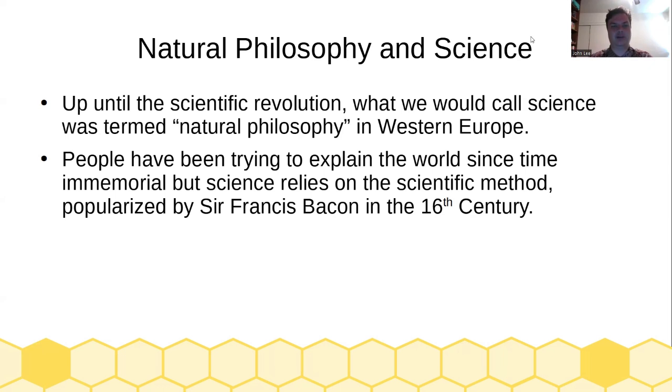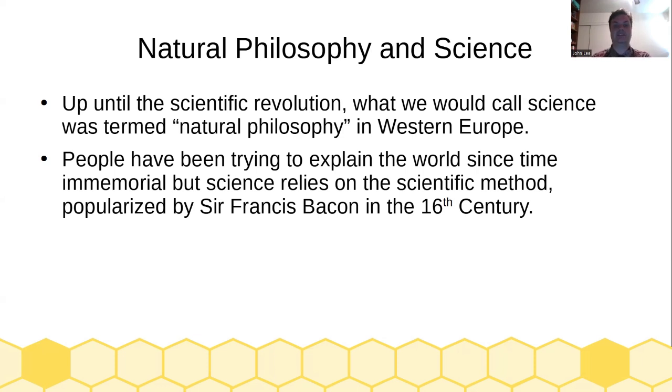People have been trying to explain the world for most of human history, but science relies on the scientific method, which was popularized by Sir Francis Bacon in the 16th century. And that is what differentiates science from natural philosophy and other worldviews that were going around at the time.